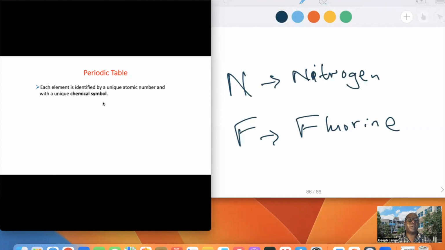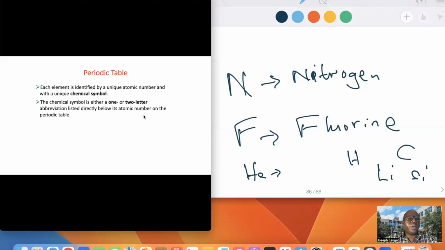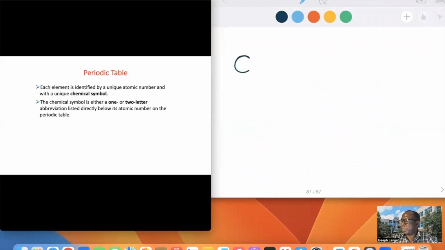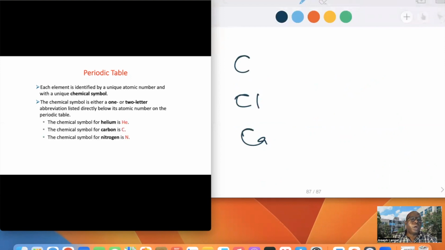Each element has a unique symbol. This is helium, this is hydrogen, that is carbon, this is lithium, this is silicon, and so forth. You should learn those chemical symbols on the periodic table. Sometimes it can be 1 letter or 2 letters. For example, carbon, chlorine, and calcium. It can be 2, it can be 1. Chemical symbol for helium, for carbon, for nitrogen.